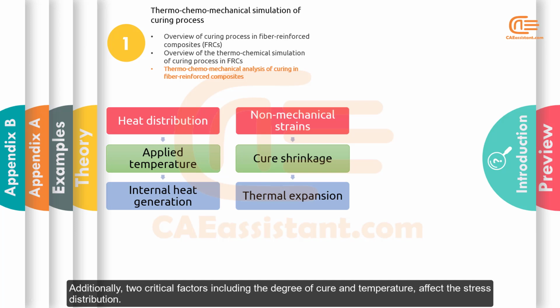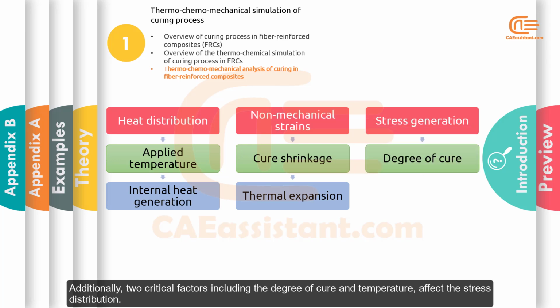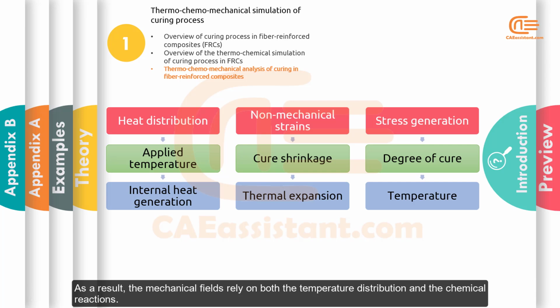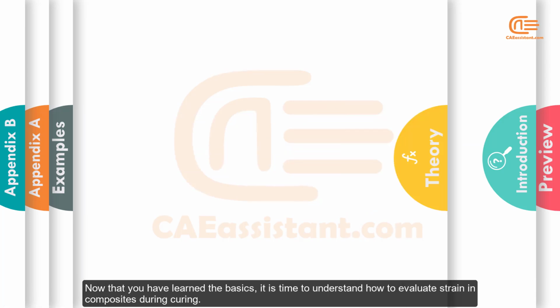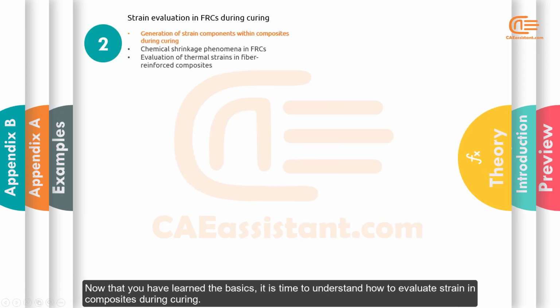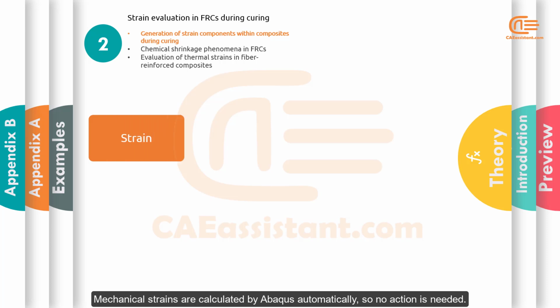Additionally, two critical factors, the degree of cure and temperature, affect the stress distribution. As a result, the mechanical fields rely on both the temperature distribution and the chemical reactions. Now that you have learned the basics, it is time to understand how to evaluate strain in composites during curing. Mechanical strains are calculated by Abaqus automatically, so no action is needed.